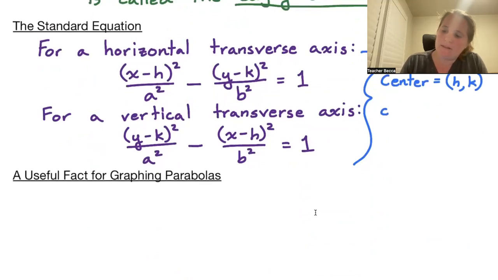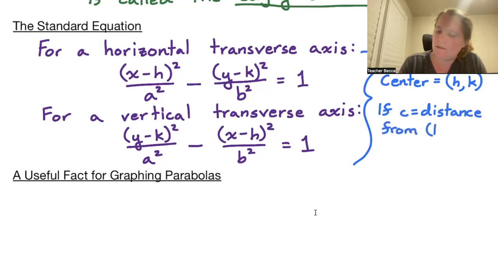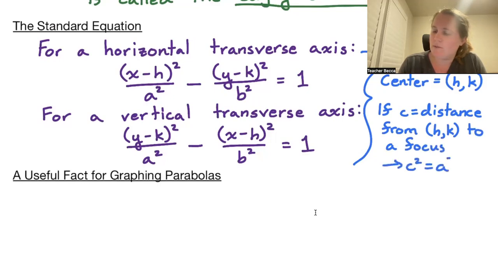So if c equals the distance from our center to a focus, then we have that c squared is equal to a squared plus b squared. Similarly to how for an ellipse it was the difference, in this case it's the sum.